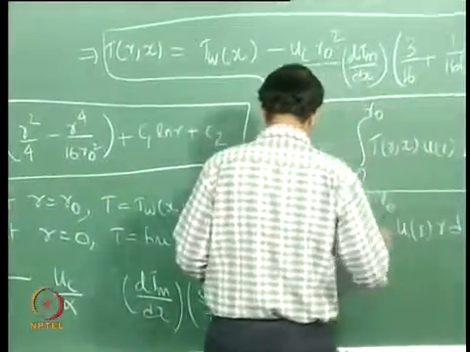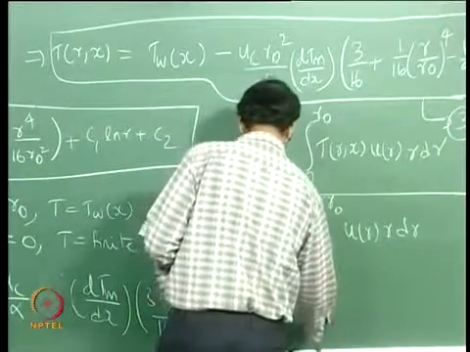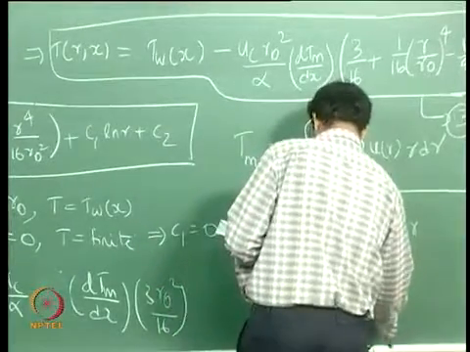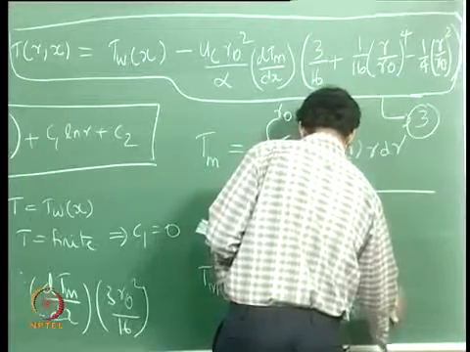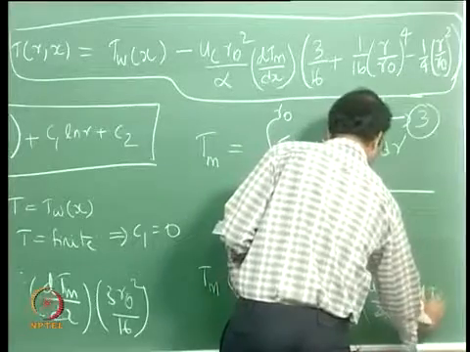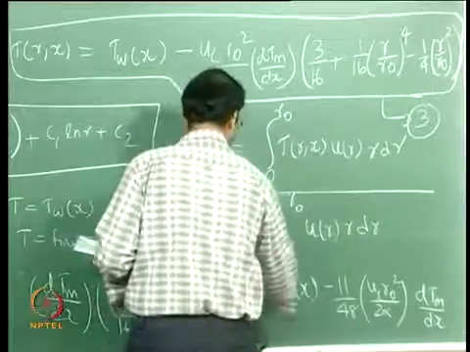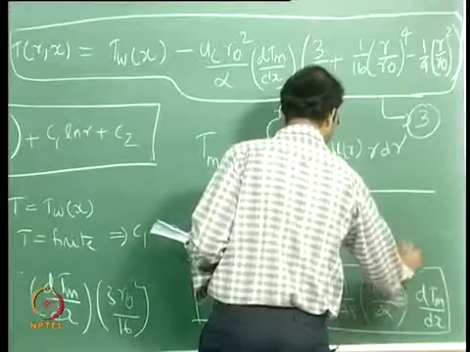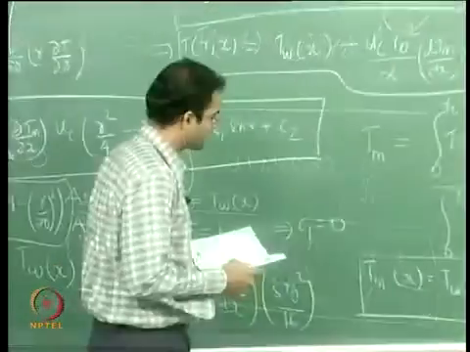But finally if you do that, the expression for Tm comes out as T wall of x minus 11 by 48 into UC r naught square by 2 alpha into dTm by dx. Let us call this number 4. This is the variation of mean temperature with respect to x.